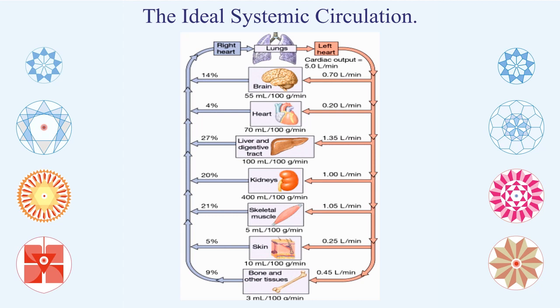So that is again 100 ml per 100 grams, which is 1.35 liters, almost 27%, going to the system which helps in ingestion, digestion, absorption, assimilation, excretion, and also detoxification of all the unwanted things in the liver. And then the material which is used is brought to the heart and then carried to the kidneys for expulsion.